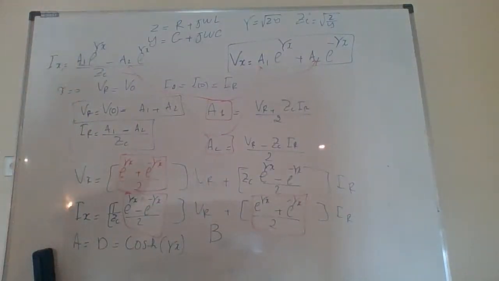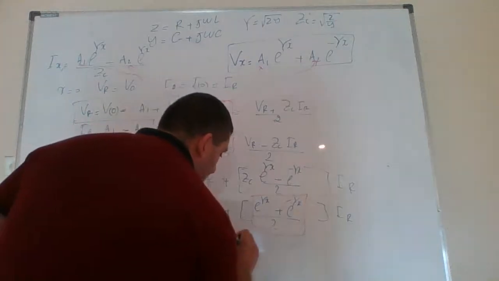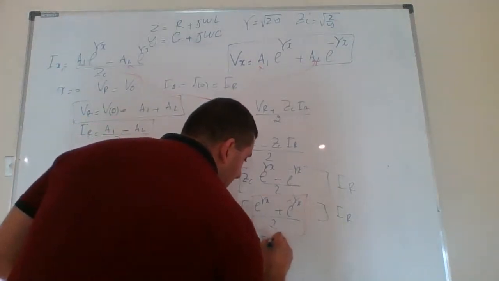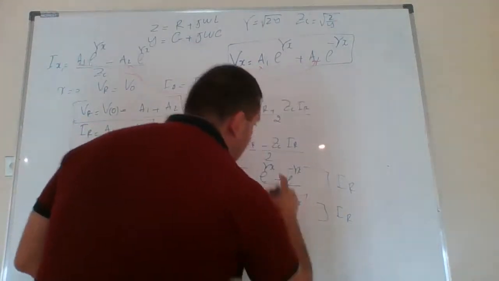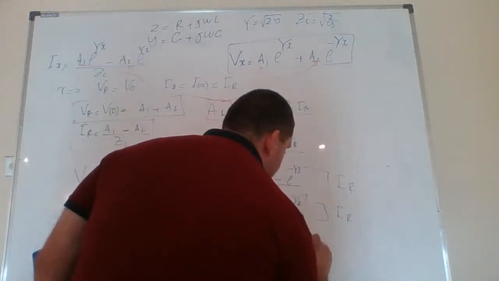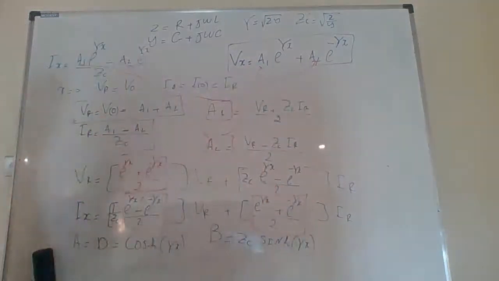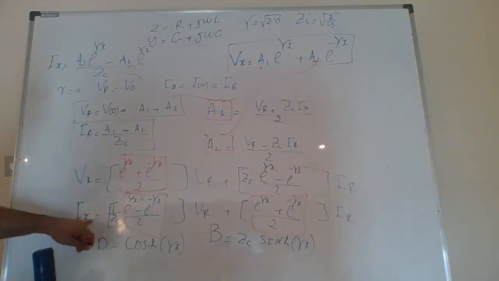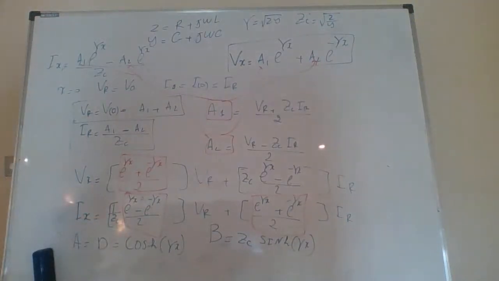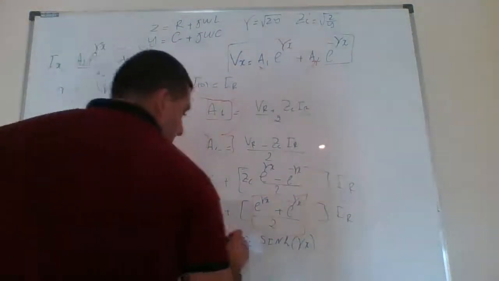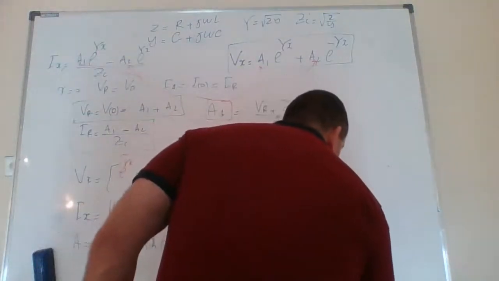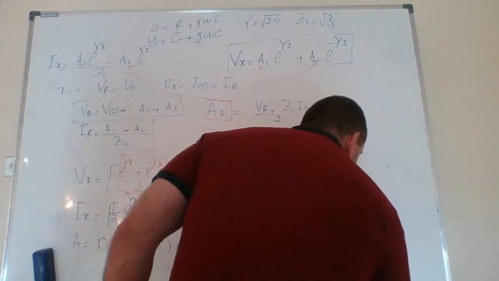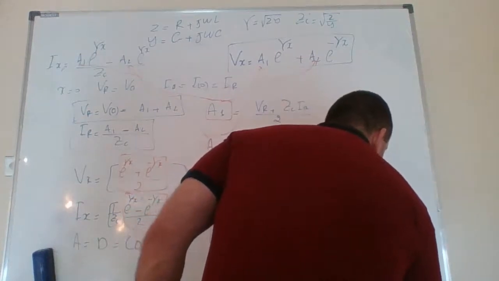And C is equal to 1 over ZC sine hyperbolic.